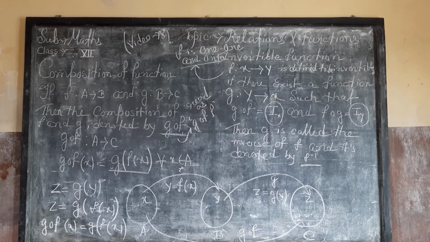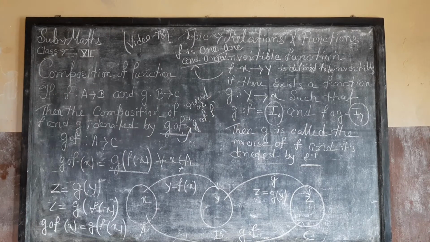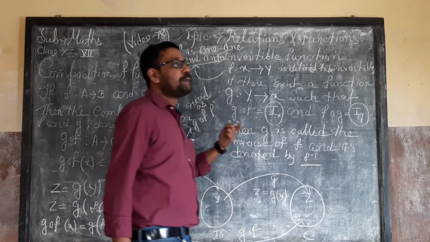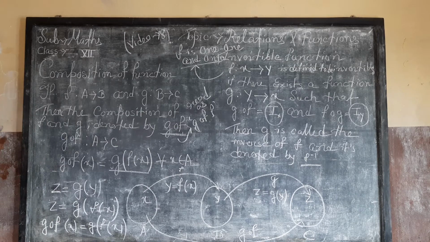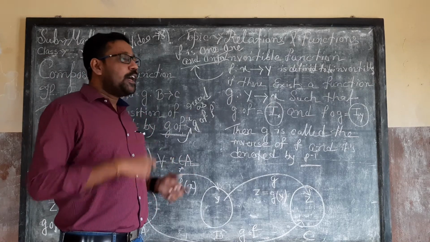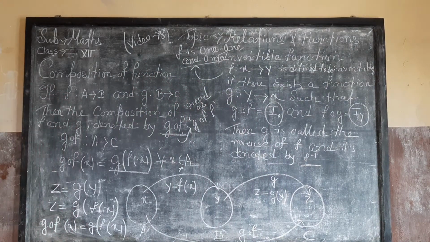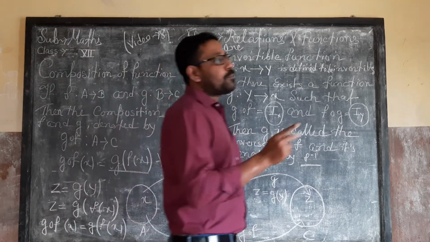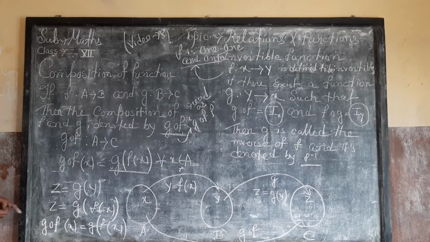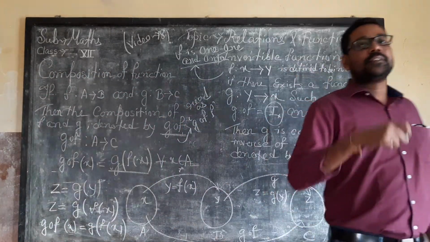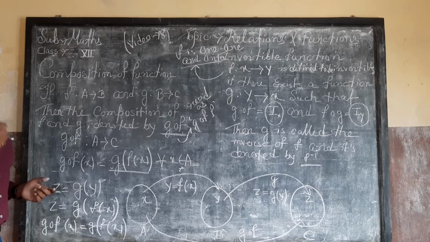If any function f satisfies the bijective criteria, then it may have a chance to have an inverse. So if you try to find the inverse of any function, first check that the function is one-one and onto, which means it holds the bijective criteria. Then this function may have an inverse.